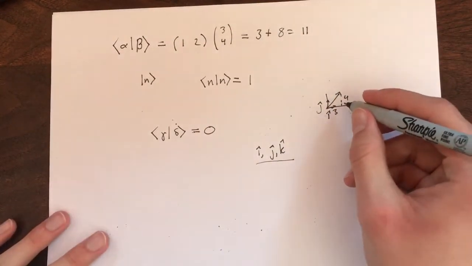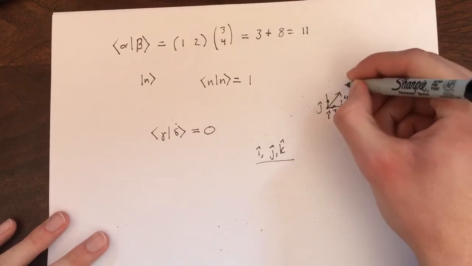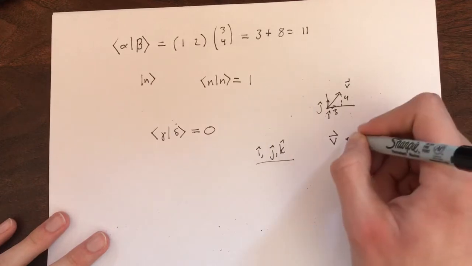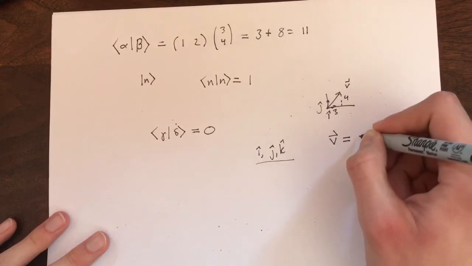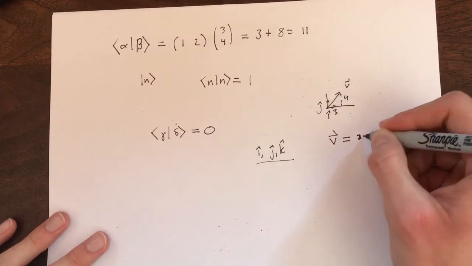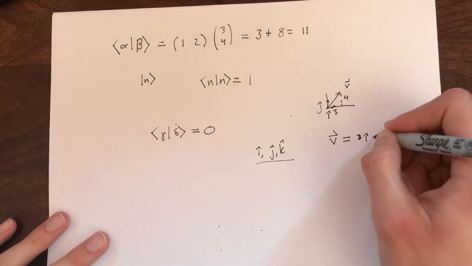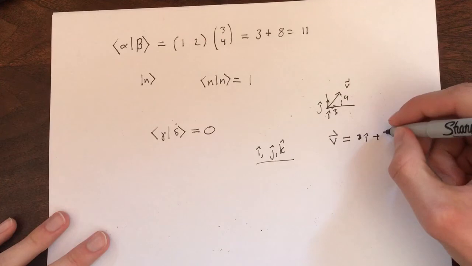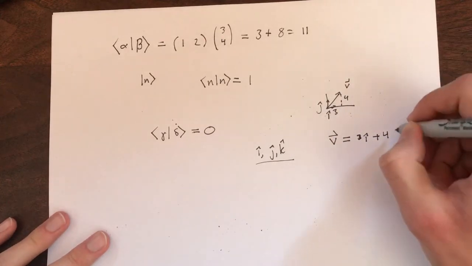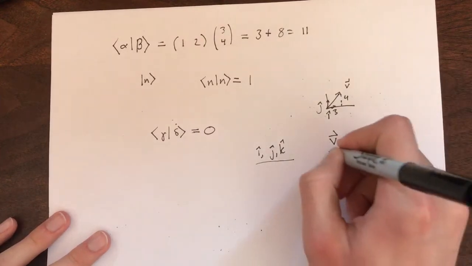So essentially what this is saying is this vector, let's just call it v, in the real world, this v vector would be the same as saying 3, its x component, times the basis vector for x, i, plus 4, its y component, times the basis vector for y, which is j. That's a way to represent it.